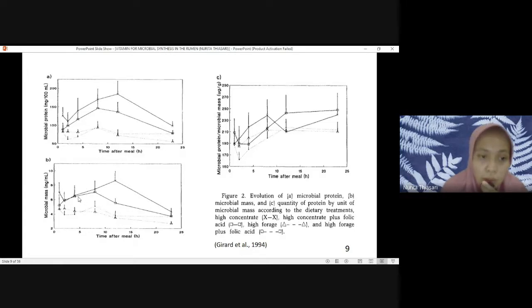And with the addition of folic acid, the biomass is reduced for the high concentrate diet. For the forage diet, the addition of folic acid seems to give a bit higher result compared with without folic acid.